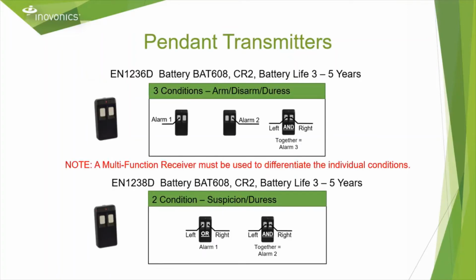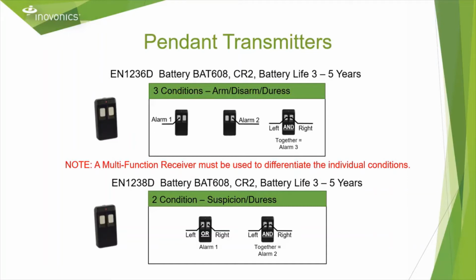The EN1236D and 1238D are multi-condition transmitters with multiple functions. The EN1236D and 1238D also use the CR2 battery with a 3 to 5 year battery life. On the 1236D, when you press the left button, it activates function 1, right button activates function 2, and both buttons pressed simultaneously activates function 3.